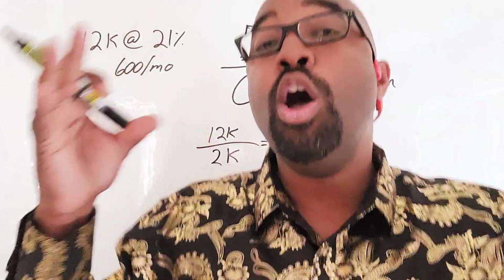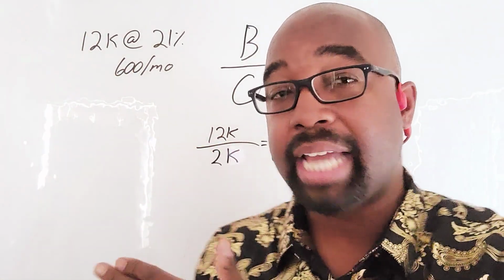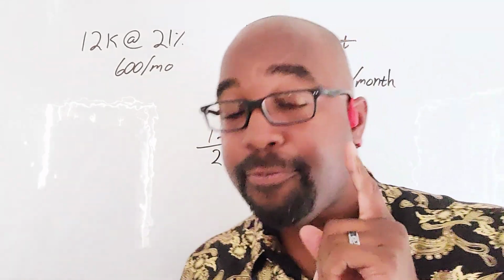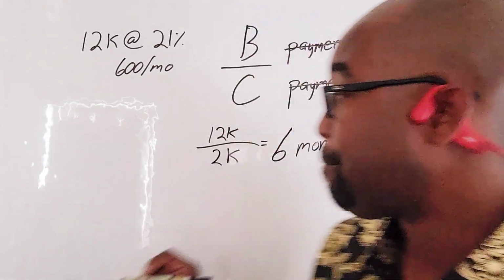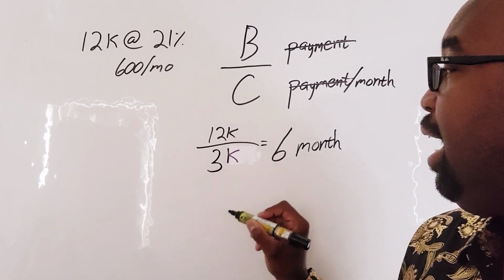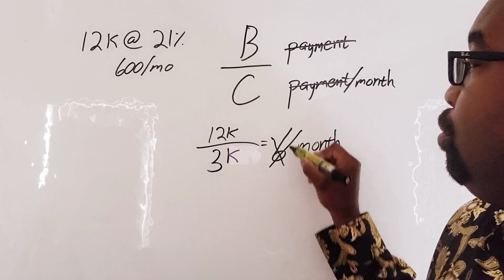Now, what happens when your cash flow goes up? Well, it directly affects the measurement of the velocity of debt elimination. Watch this. We'll turn that 2 into a 3, and we'll turn the 6 into a 4.